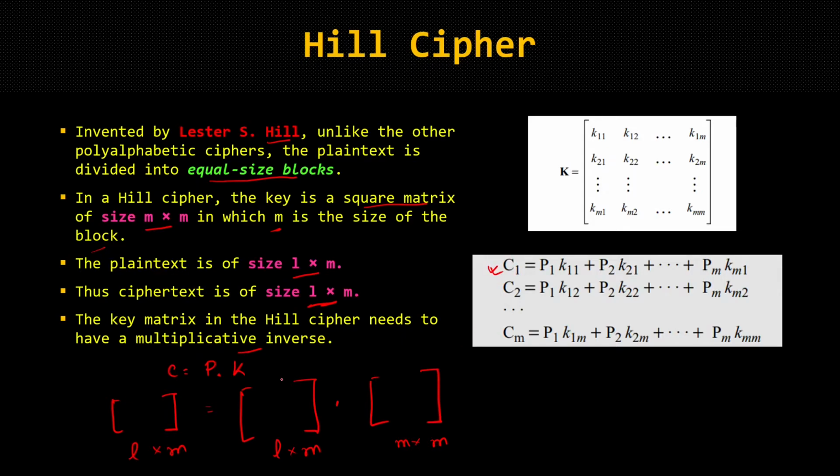Say this is p1, this is c1, and this is k11, then k12, and so on. So c1 is calculated as p1 k11 plus p2 k21, and it goes on. In order to calculate this ciphertext, we need to multiply this entire row with this entire column. That is how you will get c1, and so on.